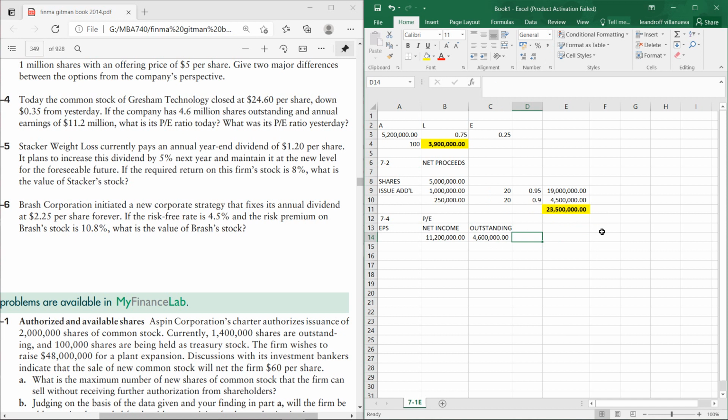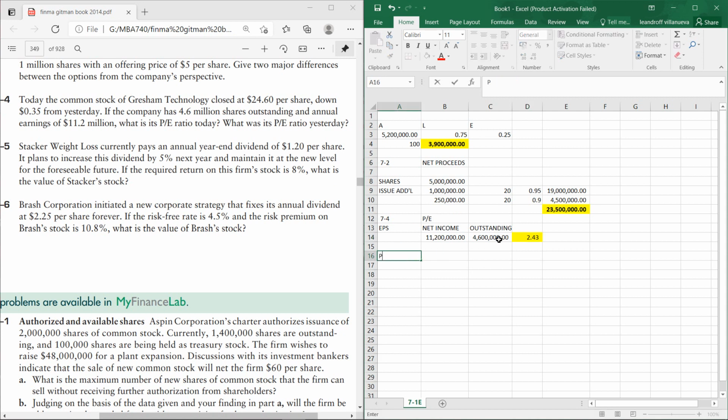So, we can now compute for EPS. It's just net income divided by outstanding shares. So, we have 2.43 per share. This is your EPS. Okay. And how much is the market value? It closed at 24.60.